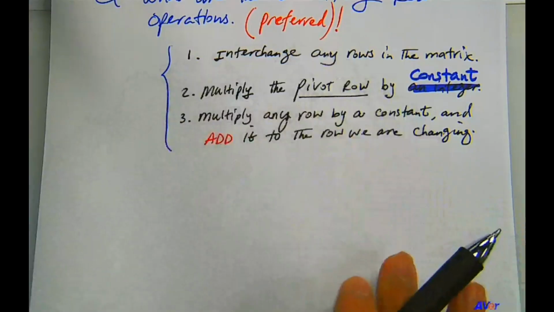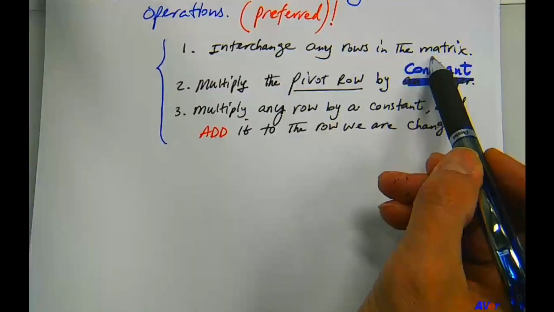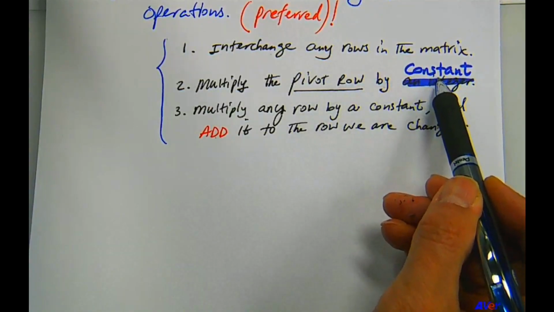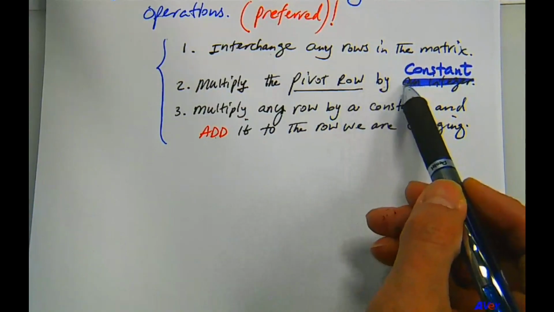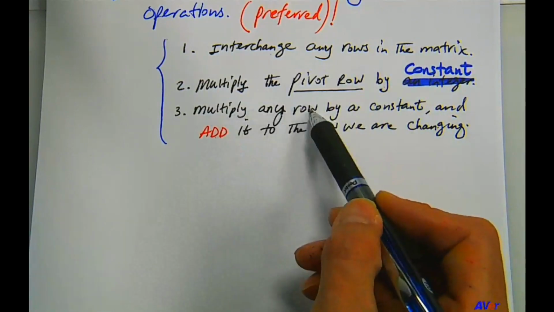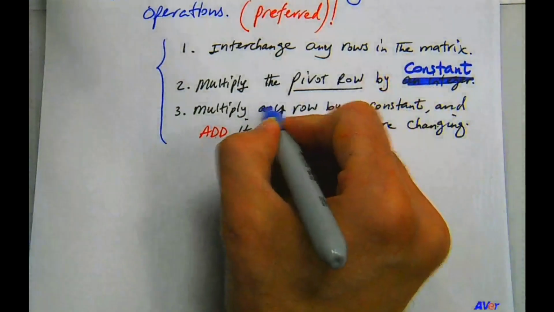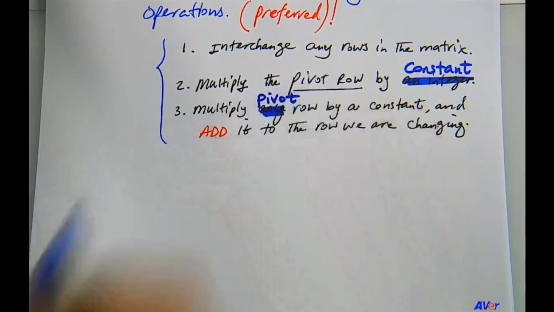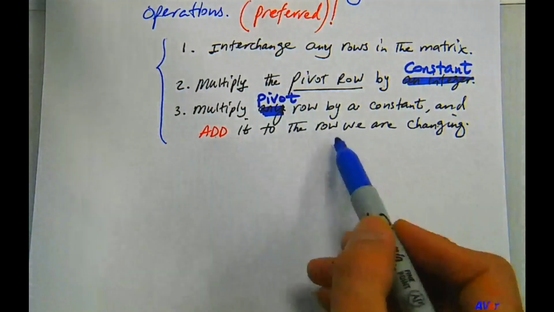So these are the main row operations for us to use. We can interchange any rows in the matrix. We can multiply the pivot row by a constant, and we'll get to the reason why we can. This is a good operation for us. Or we can multiply the pivot row by a constant and add it to the row we are changing.